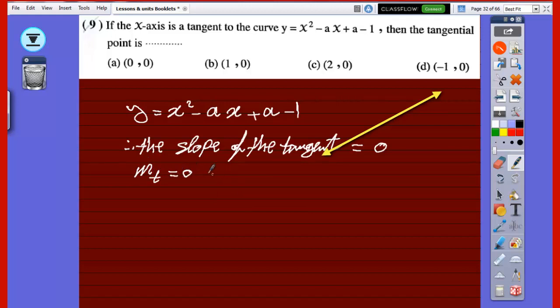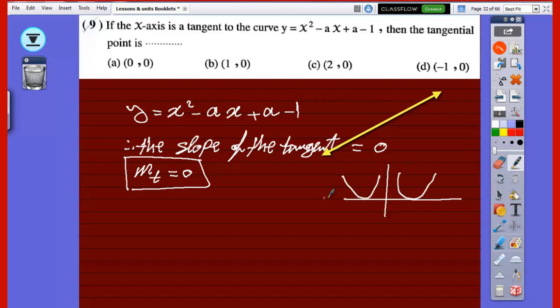Okay, and we'll keep it again. If the x axis is a tangent to the curve, what does that mean? That means that the curve y equals x squared minus ax plus a minus 1 touches the x axis itself, like this. We have a quadratic equation that touches the x axis at a certain point, maybe here or here.